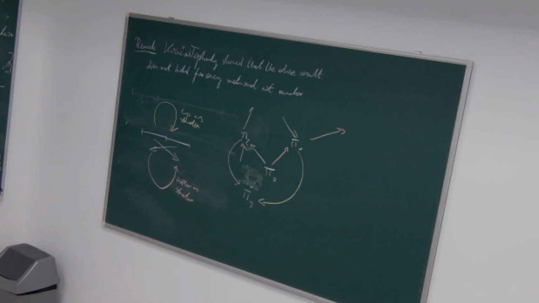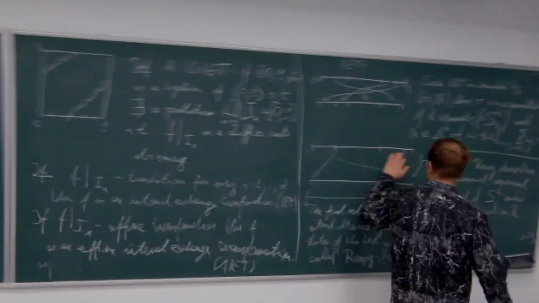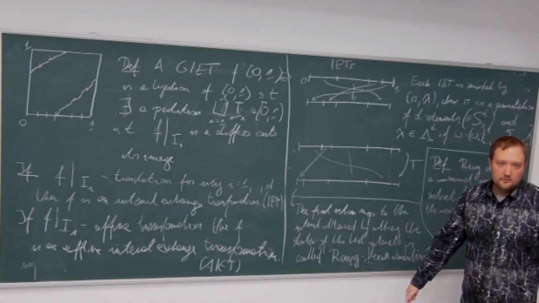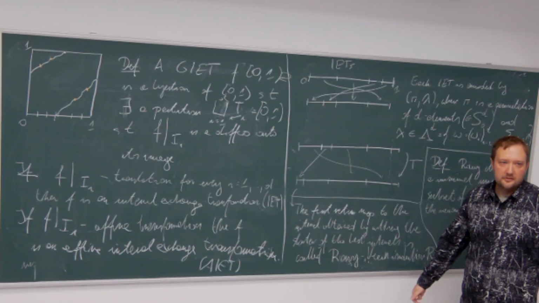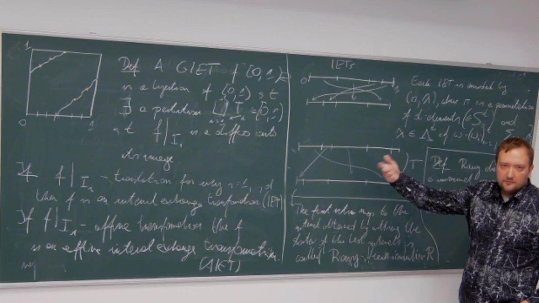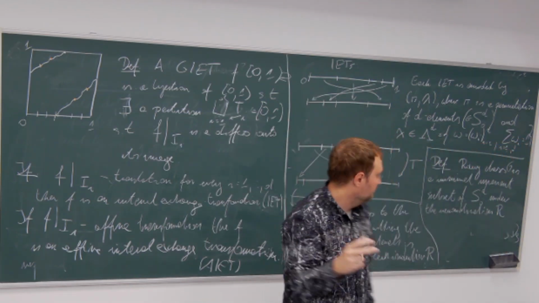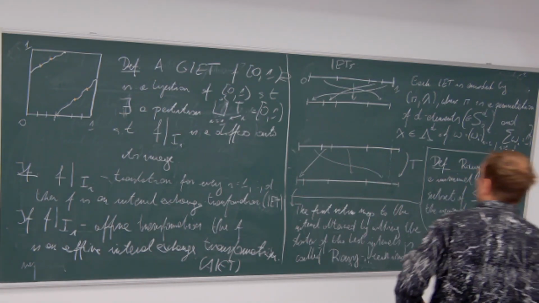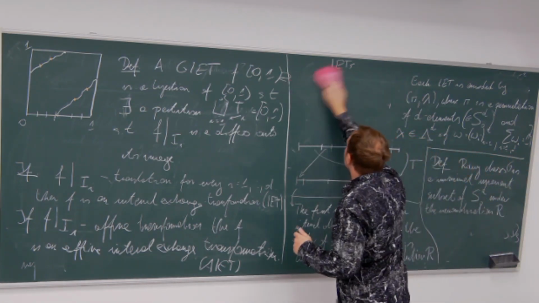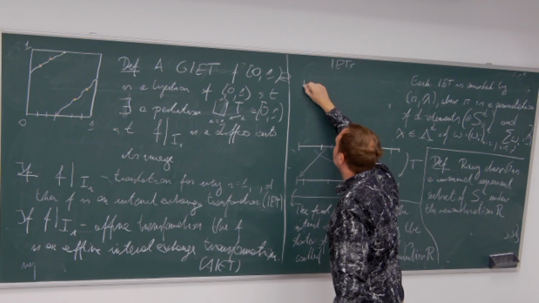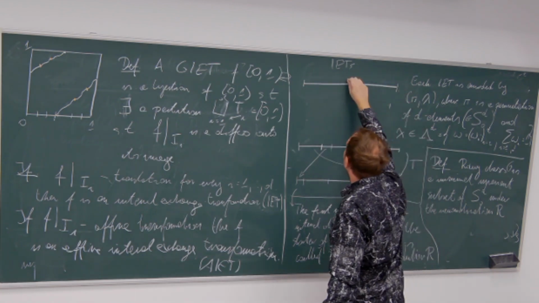Now I can say what it means for GIETs. It means exactly the same thing. For this process, I don't have to do it just for interval exchange transformations. If I have a generalized interval exchange transformation, let me draw a picture, just the distance exchange, not the permutation.